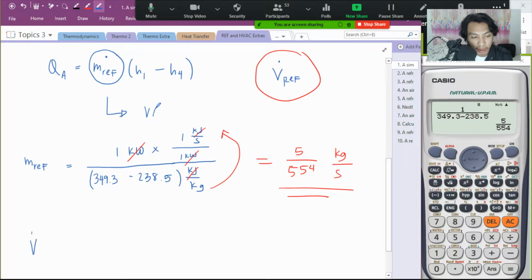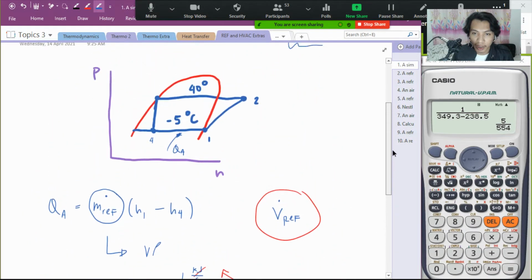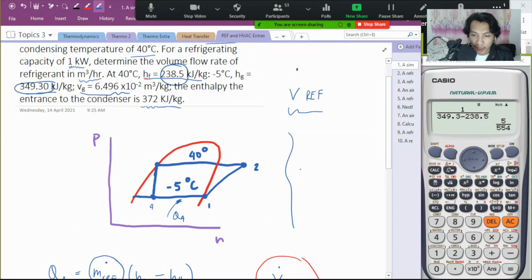So now, the volume flow rate of your refrigerant, ganito lang po kadali yan. I-multiply mo na lang ng VG yung mass flow rate ng ref mo. Yan, para ma-solve mo siya yung volume ng ref. Kasi bakit, sir? Tandaan nyo that density is equal to mass over volume.